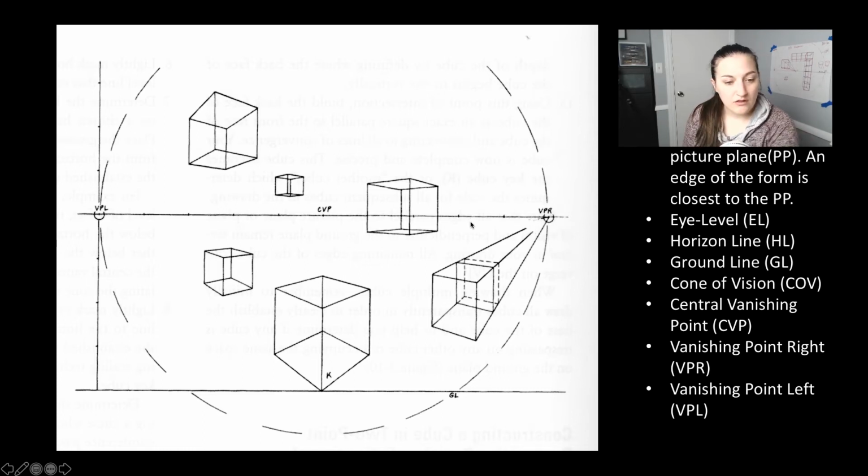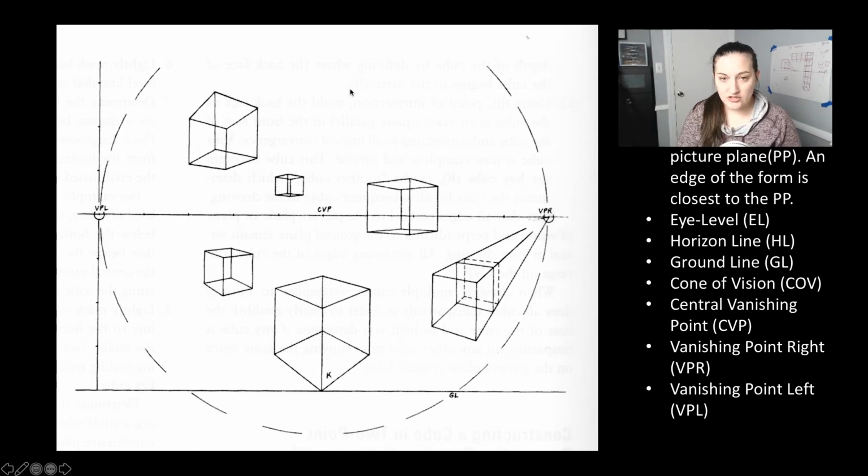Which is difficult to do, and that's okay if you don't get it perfect. But the one thing I really want you to learn is how things move from the left or to the right of the center of your drawing, or from where you are standing.